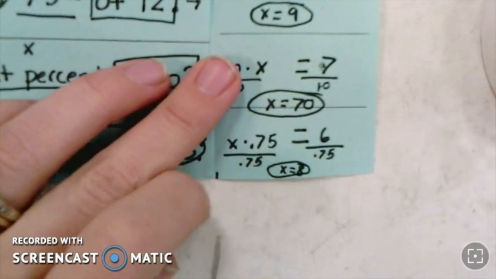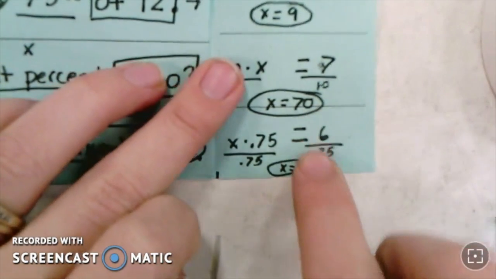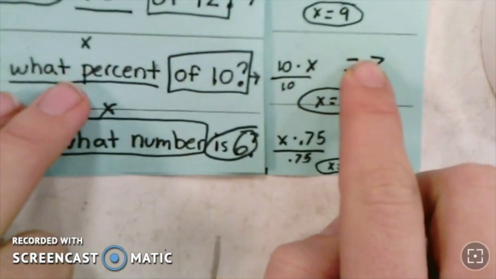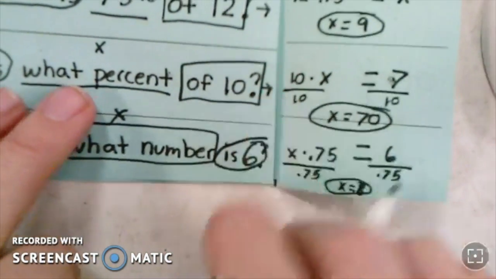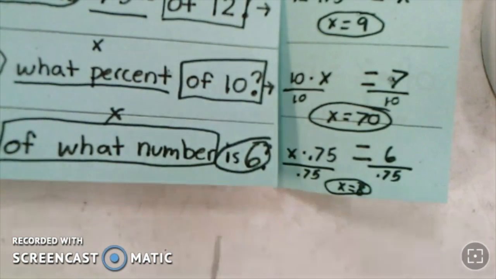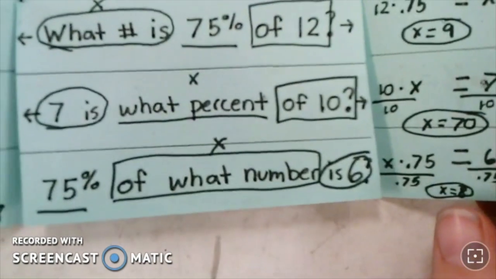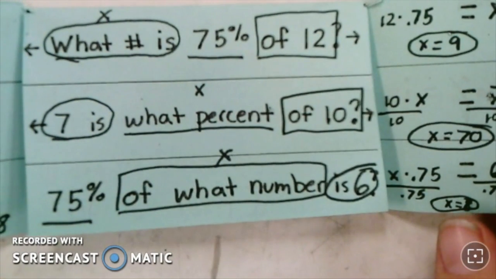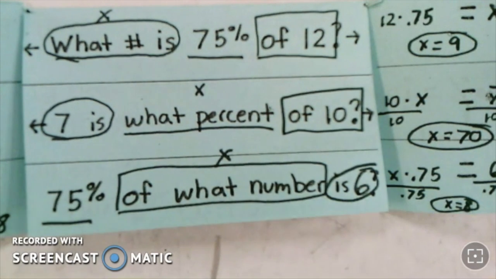So the only thing tricky with the equations is to remember that if it's your percent that is unknown, you have to remember to multiply times 100 at the end to make sure that you are making it into a percent, because that gave you the answer as a decimal and you have to go to percent.